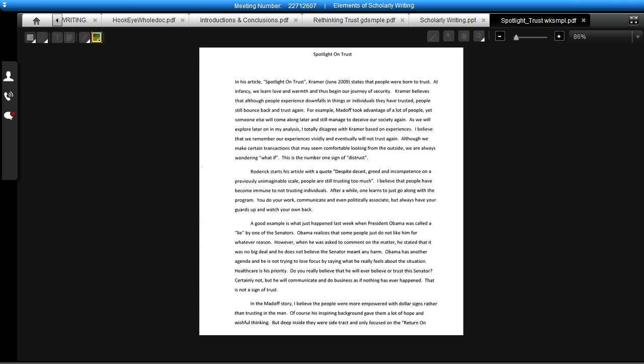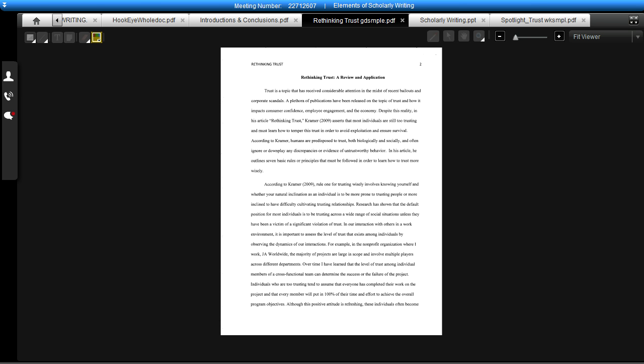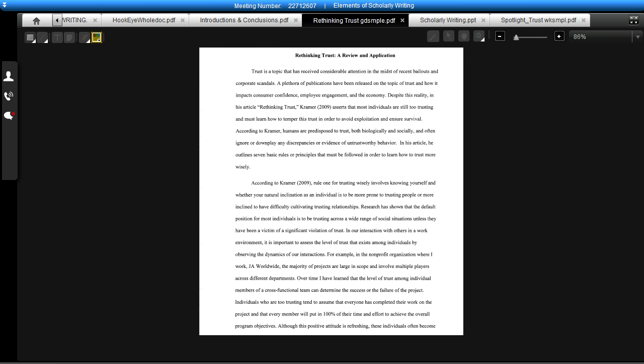You could explain whether or not they applied the concepts on trust in the workplace, or you could read and summarize the article and respond whether you agreed or not, and why or why not. So let's first go to what we titled the good sample.